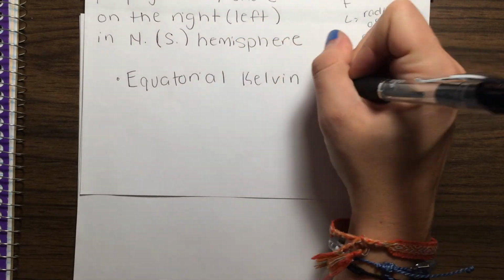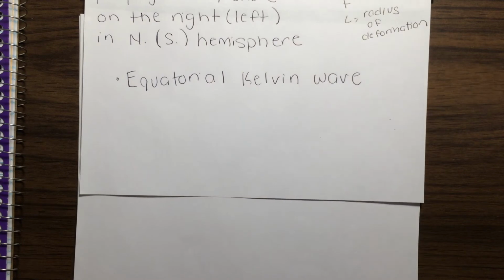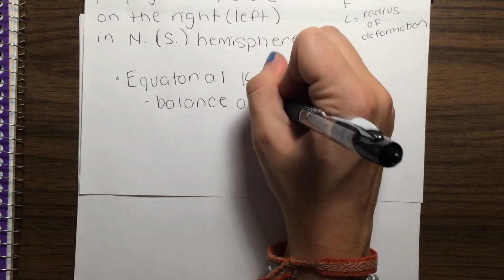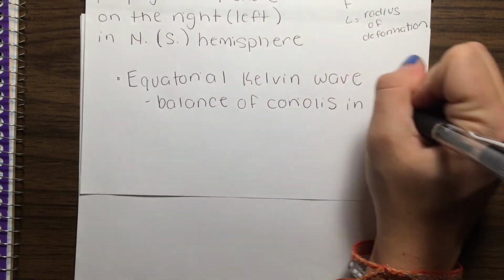The other type of Kelvin wave is an equatorial Kelvin wave. An equatorial Kelvin wave is a balance between the Coriolis in the northern hemisphere and the Coriolis in the southern hemisphere, or its southern counterpart.